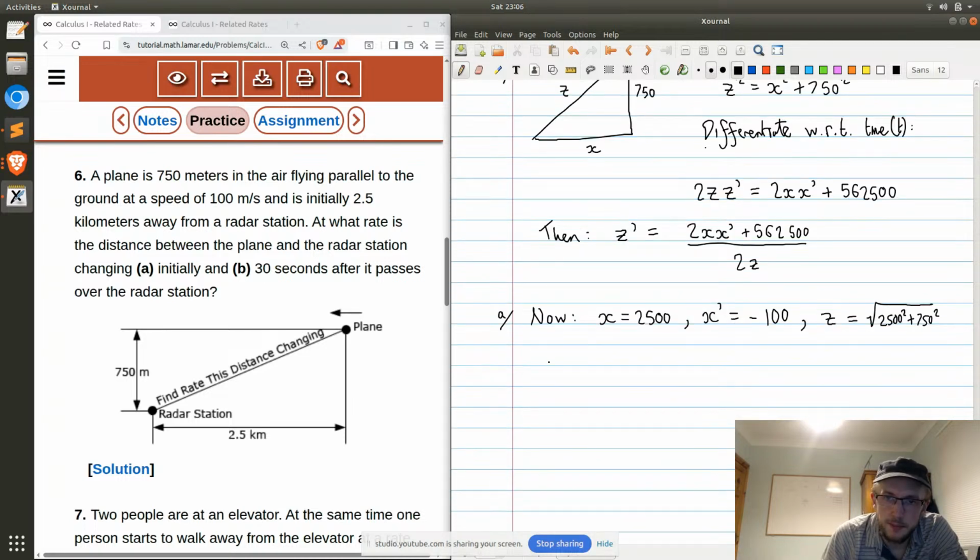And so z prime should be two times this, times this, plus... okay, I'm beginning ever so slightly to lose my patience with this problem.